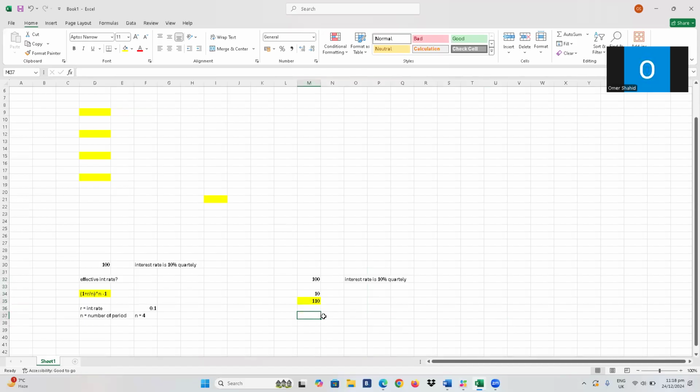So now let's calculate what our amount will be after the second quarter. Now 110, the new amount, multiplied by 10%. How much will it be? It will be 11. So we will add $11 to 110. How much will our amount become after the second quarter? It will become 121.